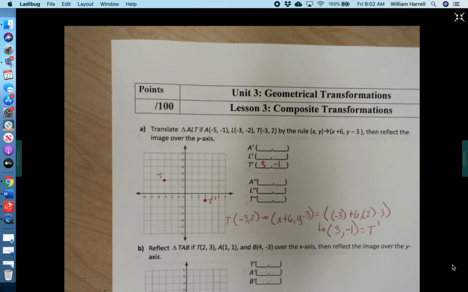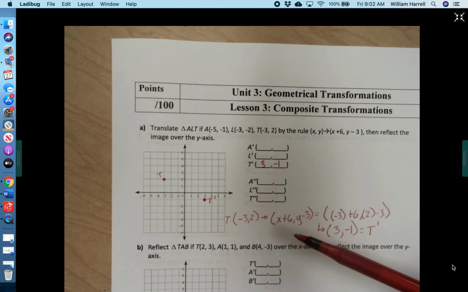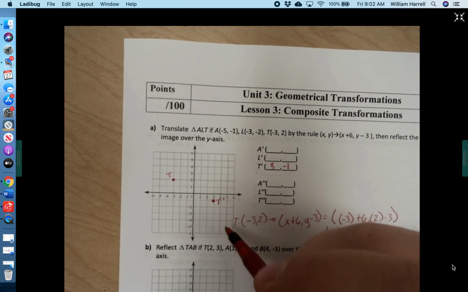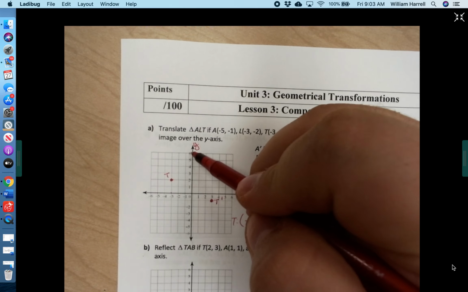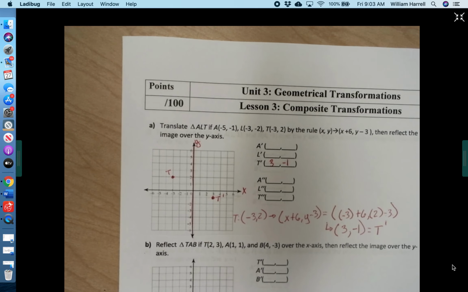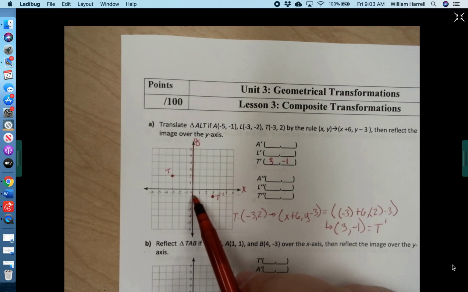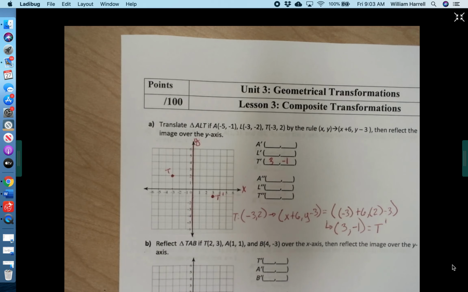Now, once I do this, I want to reflect the image over the y-axis. So the y-axis, I want to reflect it over this y-axis. Now remember, with reflections, you must be the same distance from your image to your pre-image, or pre-image to image, however you're going.